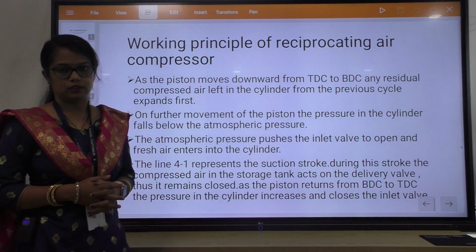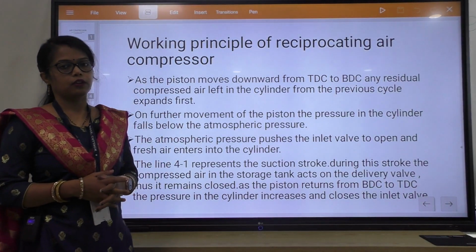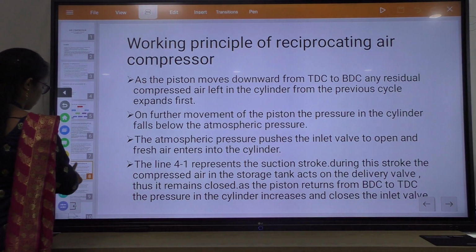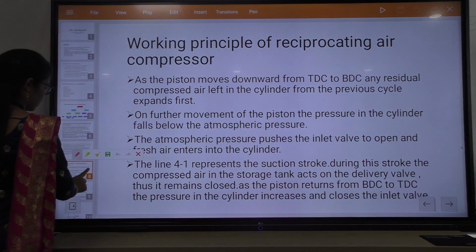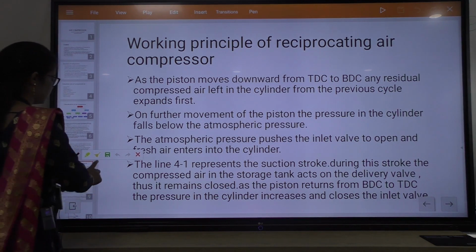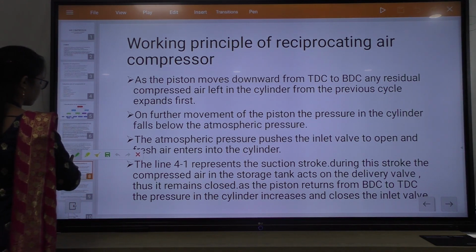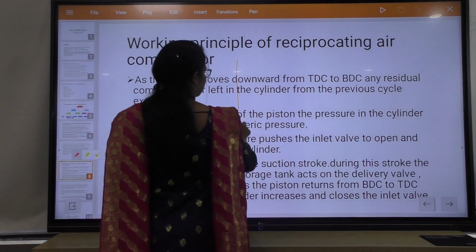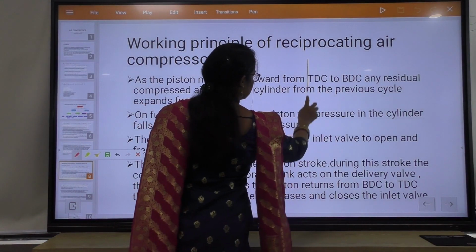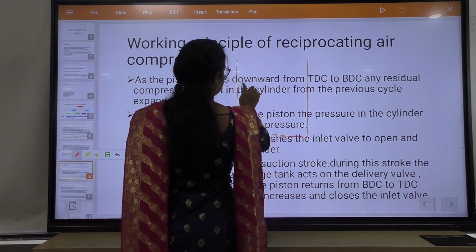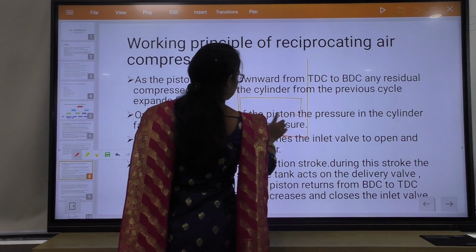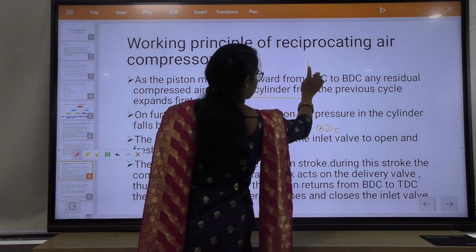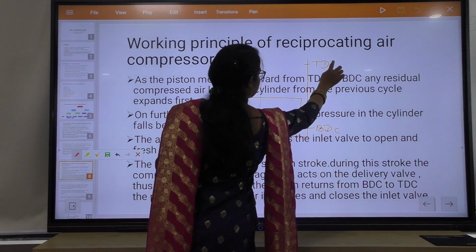Actually, what happens in the air compressor is, there is a piston and cylinder arrangement, and when the piston is moving downward, suppose this is the cylinder and inside that the piston is moving, and I had mentioned this is BDC and TDC.